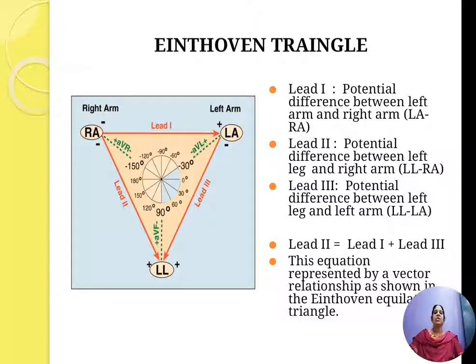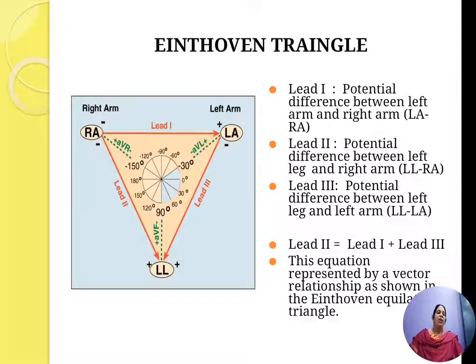Along the sides of this triangle, the three projections of the ECG vectors are measured. Further, the vector sum of the projections on all three sides is equal to 0.